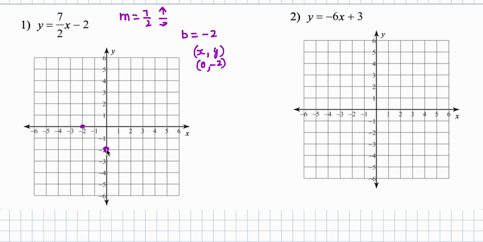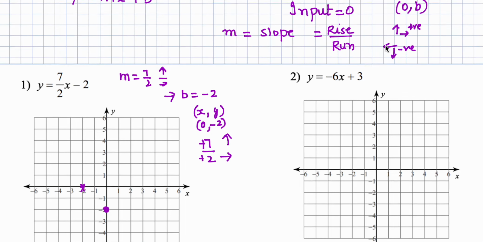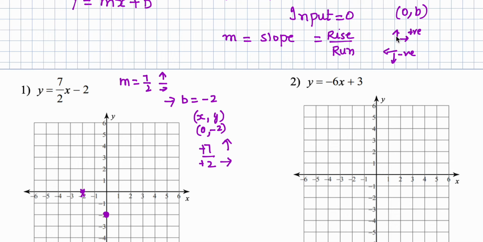Here we are. The first step is done, we have found our first point, right? So please ignore this dot. Now the next point is 7/2. We have to go 7 up because both are positive, right? So rise will be 7 up and run will be 2 east, because for positive values north and east are the directions.